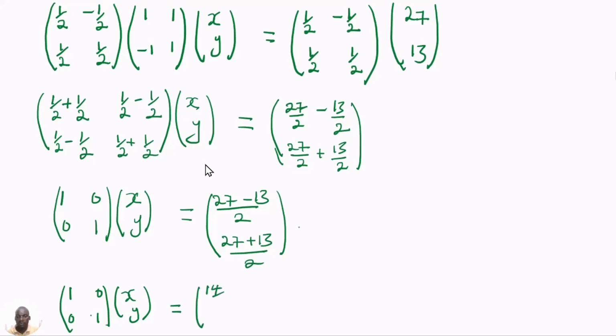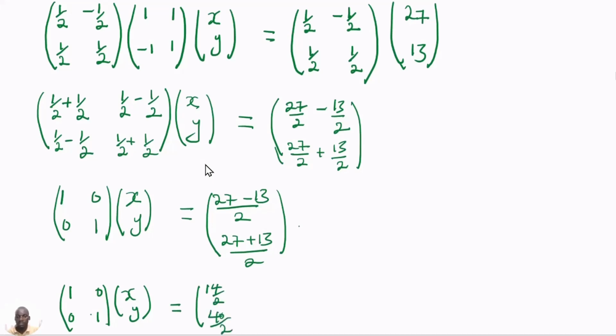Then we have 14 divided by 2. 27 plus 13, same as 40, divided by 2. As we proceed, remember we have 1, 0, 0, 1, the whole of it multiplied by the x, y, giving us the 14 divided by 2 is 7, then 40 divided by 2 is simply 20.